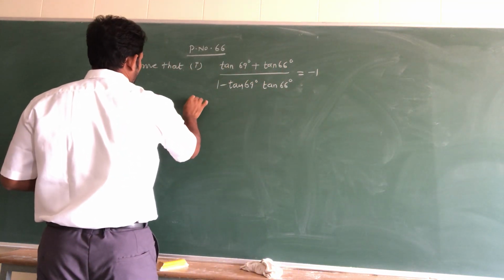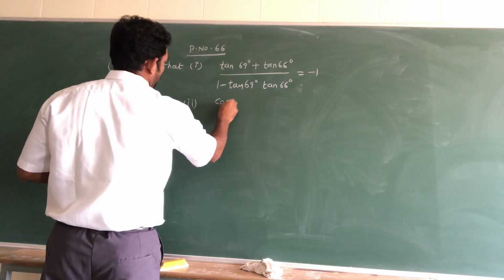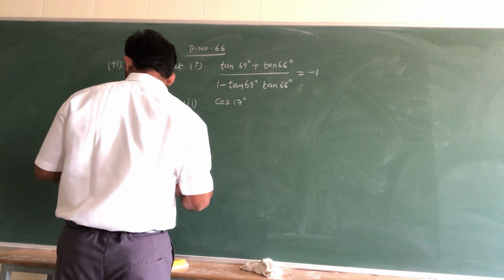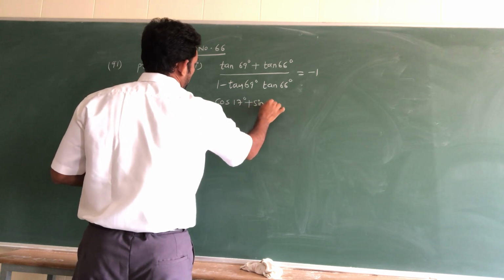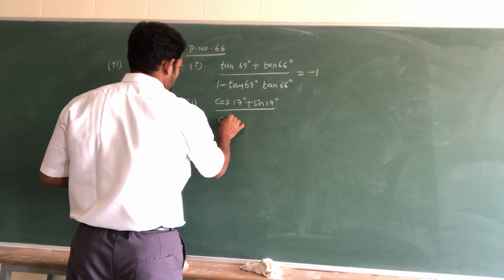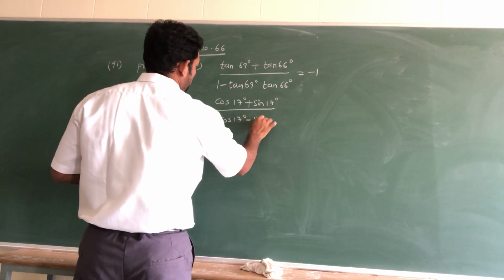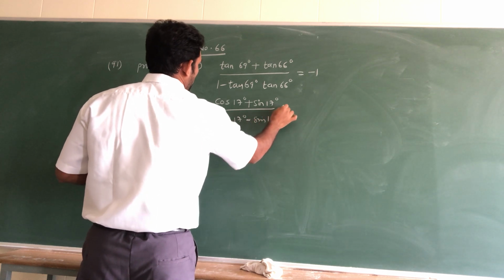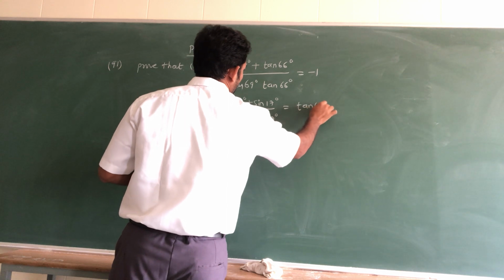Second question, cos 17 degrees plus sin 17 degrees divided by cos 17 degrees minus sin 17 degrees equal to tan 62 degrees.